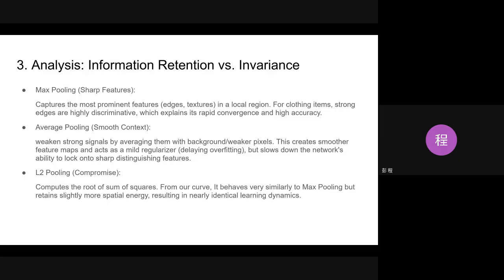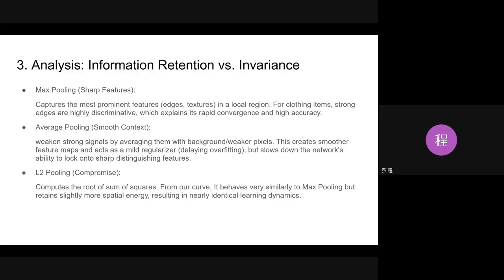For the max pooling, because it just picks the maximum value for each pooling, it will capture the most prominent feature in the local region. So it's very reasonable that there is rapid convergence.